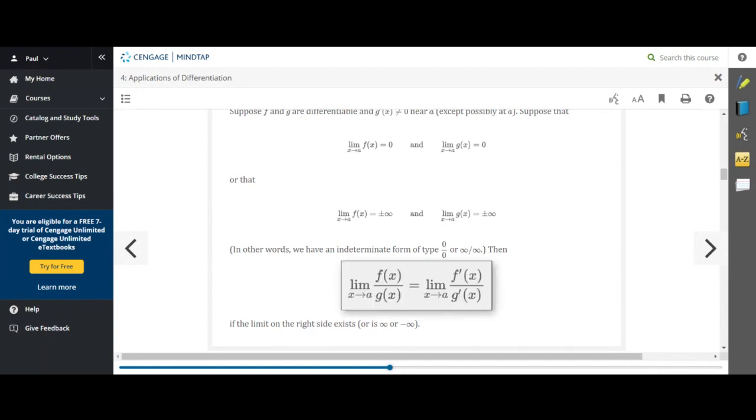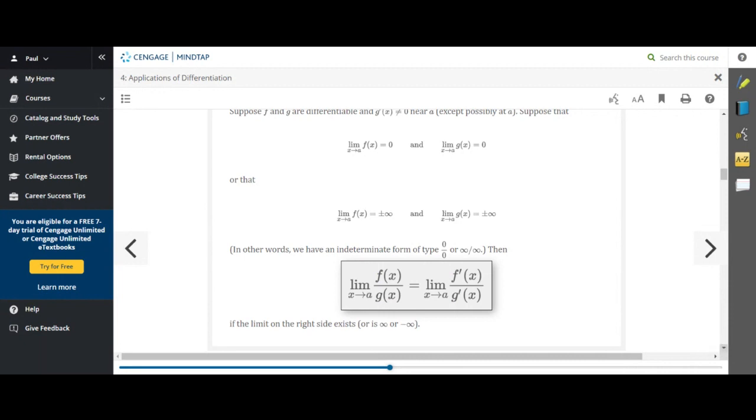The limit of f over g is equal to the limit of f prime over g prime. Now, this is only true if you have indeterminate forms, 0 over 0 or infinity over infinity. And we'll look at a few examples.